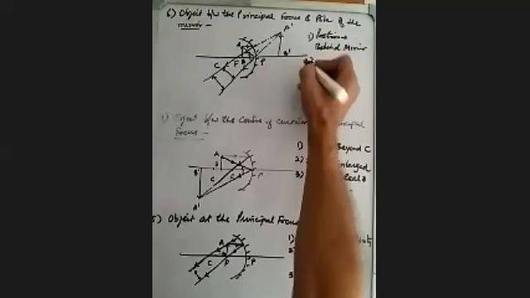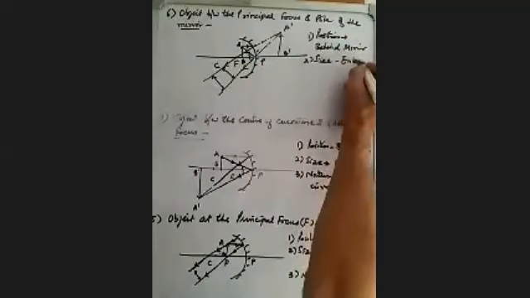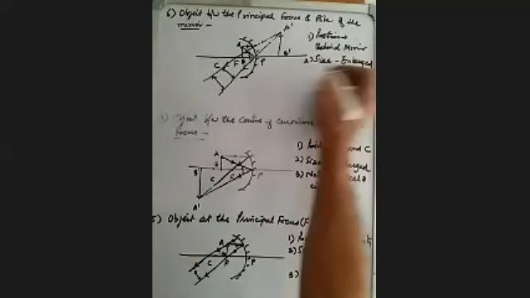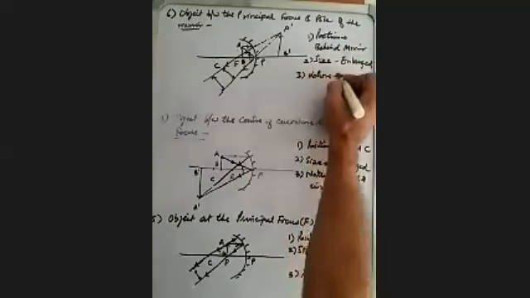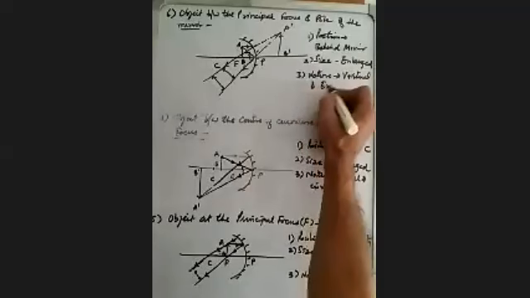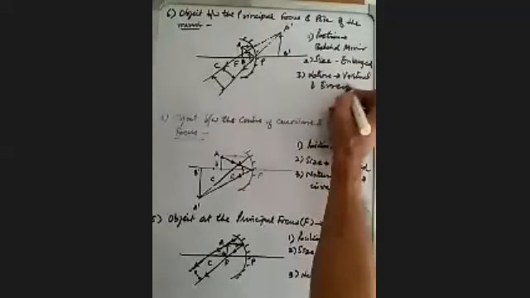You can see the size is larger than the object. So enlarged. And third, nature. Nature is, because it is not actually meeting, it is virtual and erect.